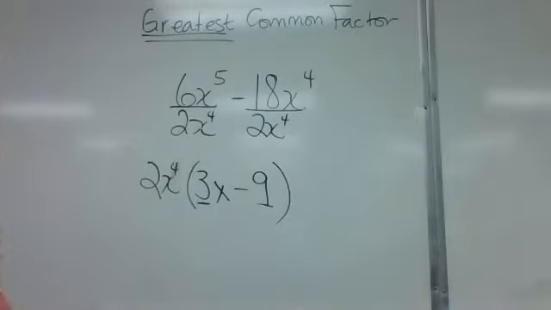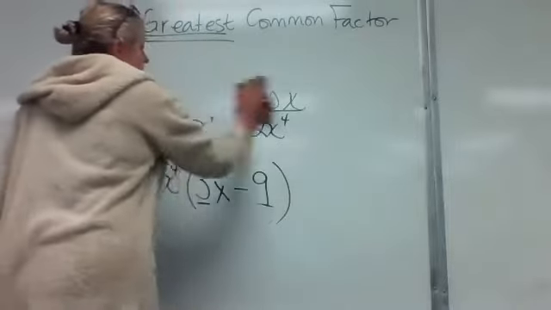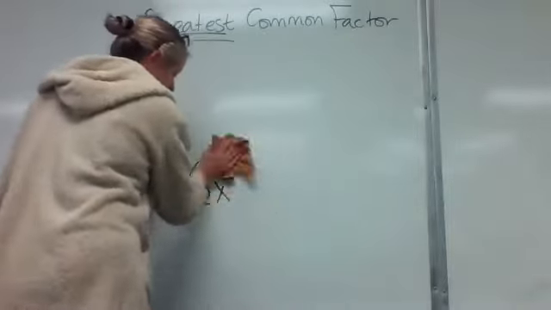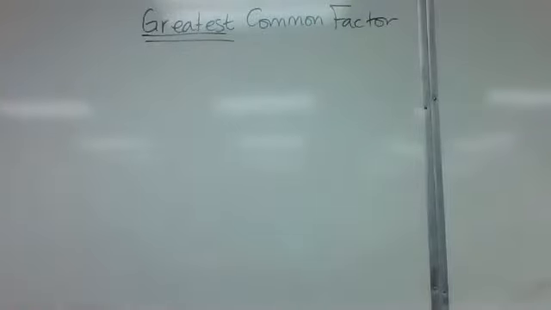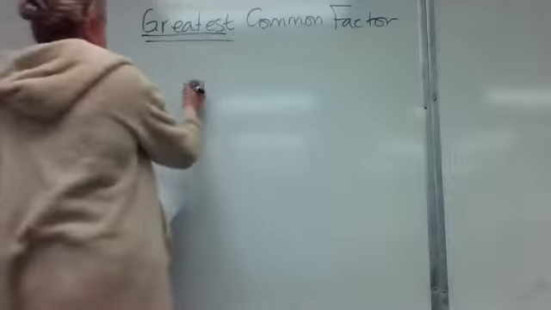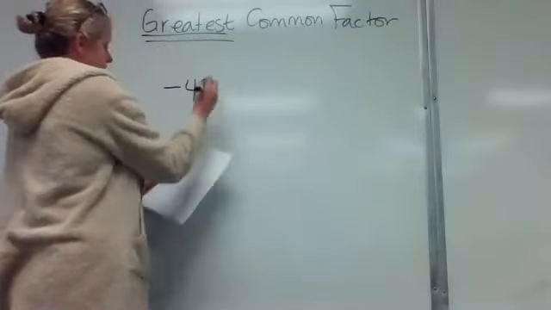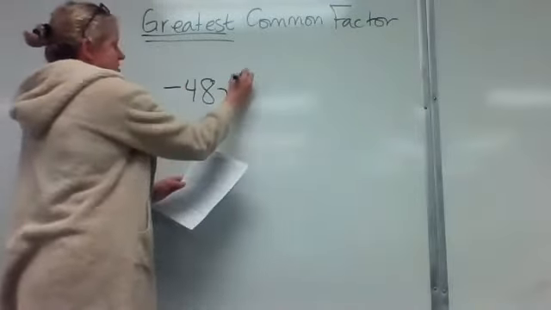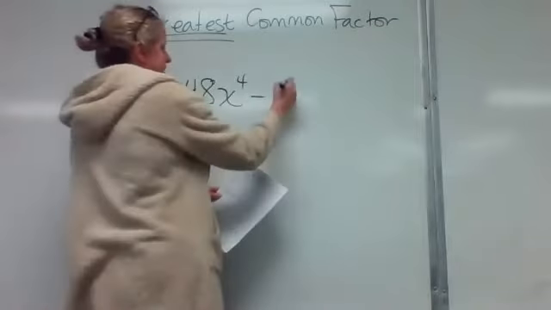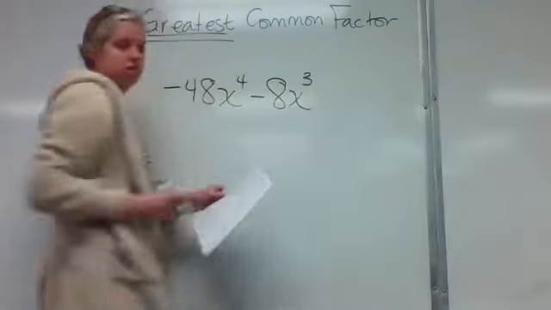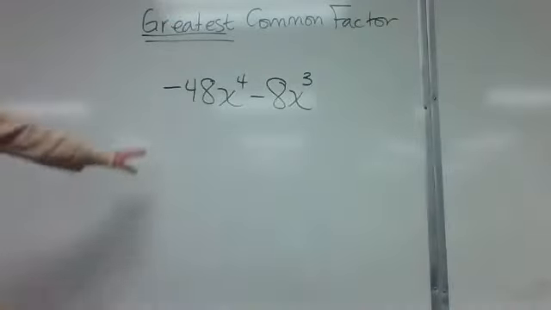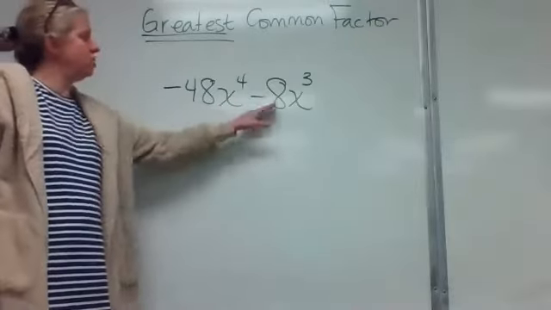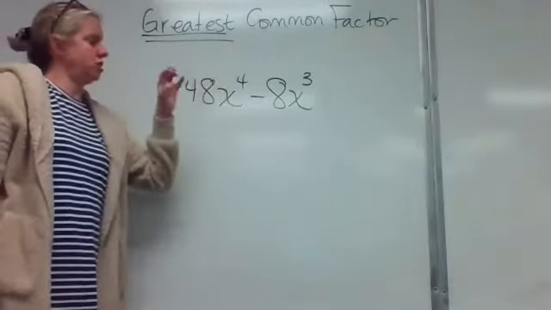All right, now let's go to number 3 on the homework. Negative 48x to the 4th minus 8x to the 3rd. Looking at these 2 terms, first of all, you do want your terms in a certain order.